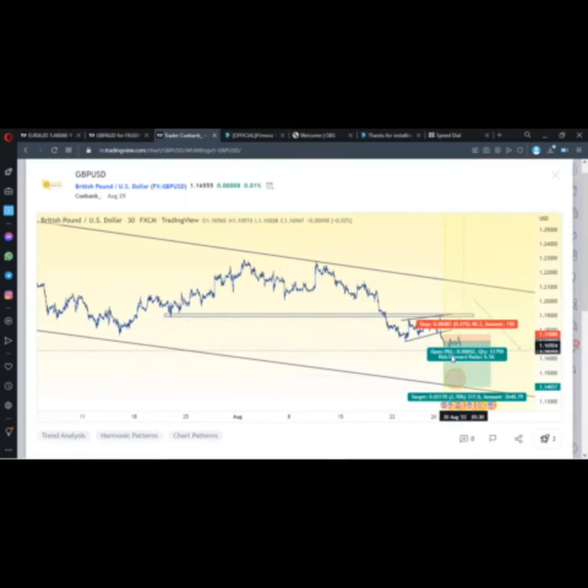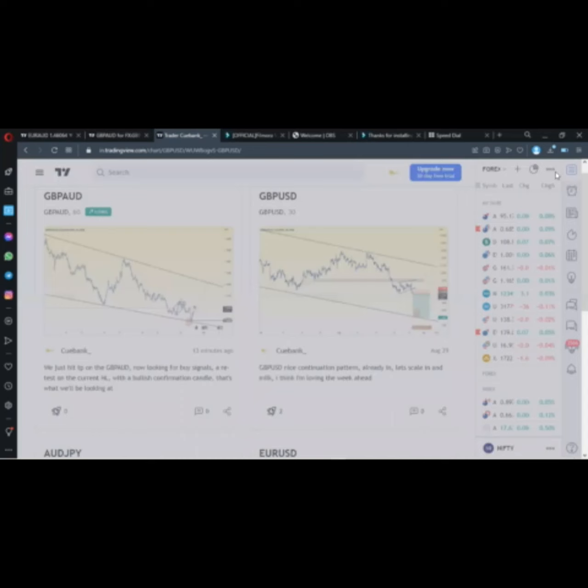We were in profits, still in profits. My TP is still around this area right here, and then we'll see how it performs. Also, keeping in mind the NFP that's coming up.